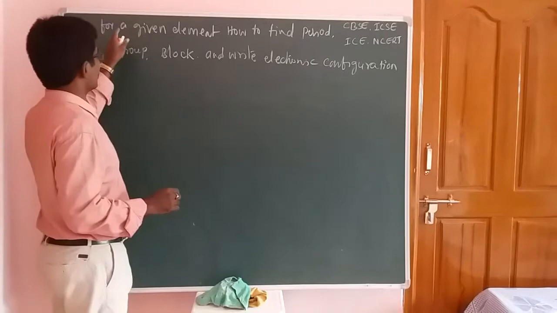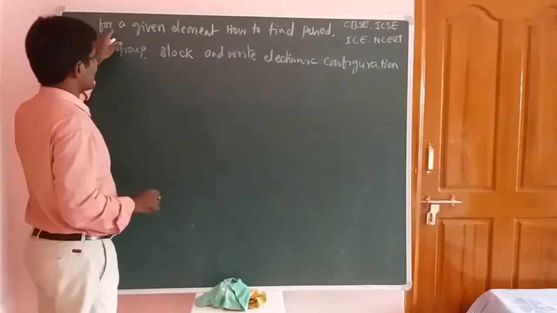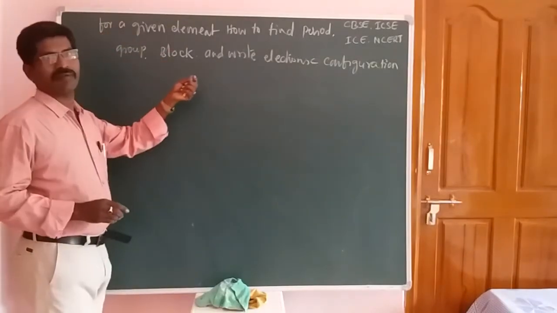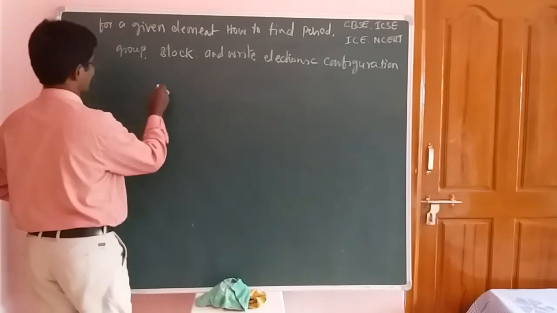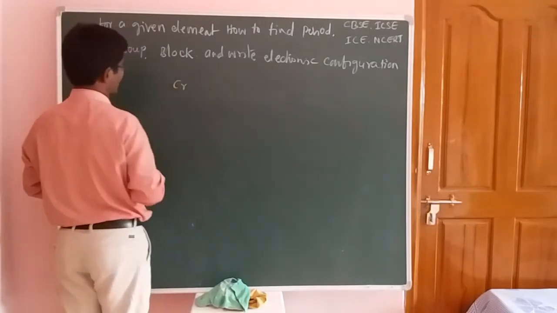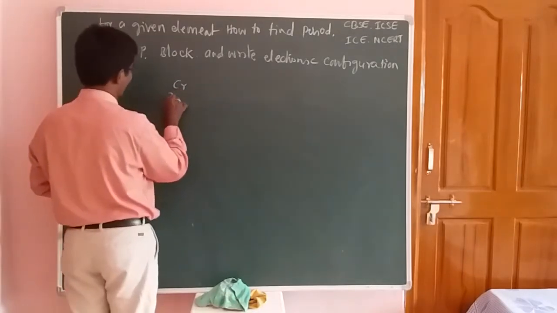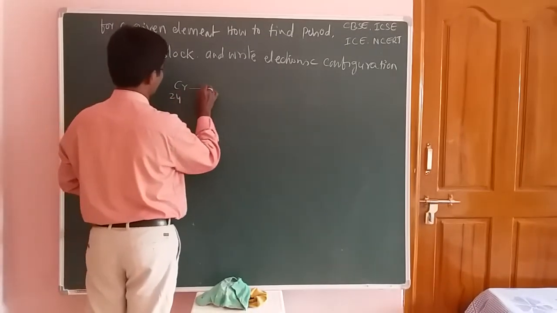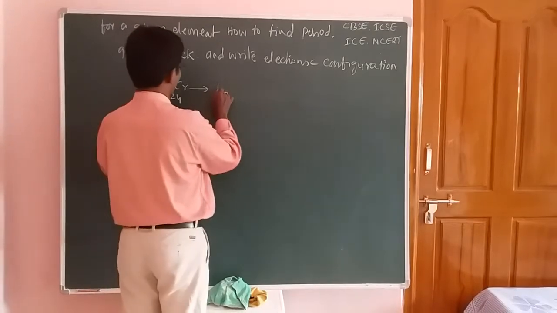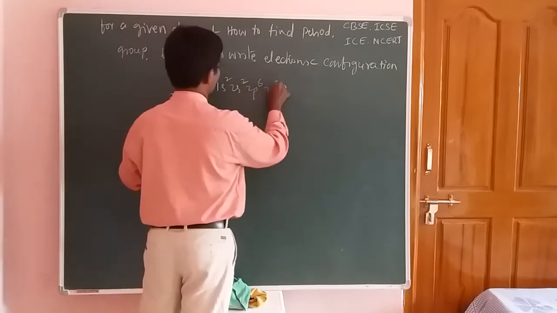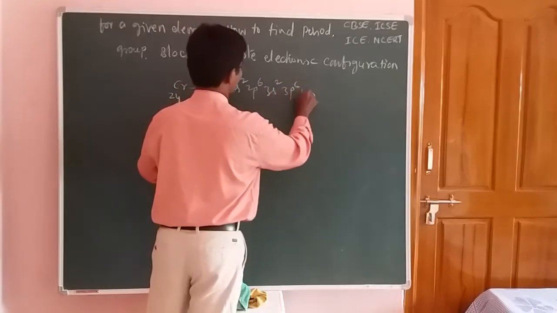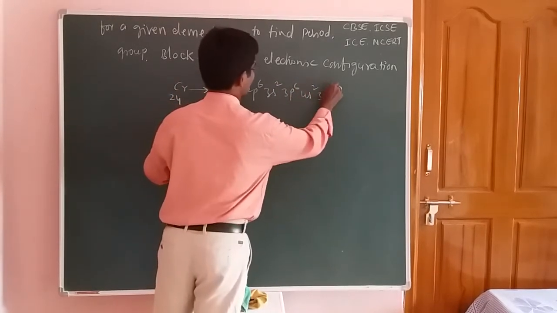Of course, this is the statement for the next concept. I will cover two examples for that last concept. One is the first element, chromium. Chromium atomic number 24, general electronic configuration: 1s2, 2s2, 2p6, 3s2, 3p6, 4s2, and next one is 3d5.